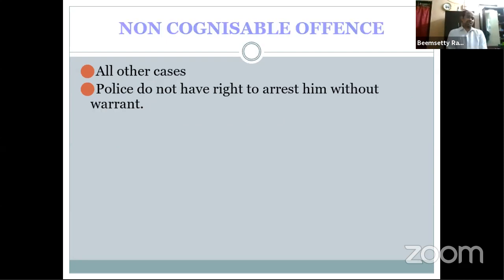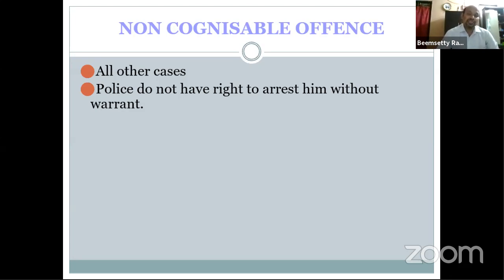Next, what is summons case and warrant case? Summons case means cases for which, whatever crime they have done, the punishment is less than 2 years. And what is warrant case?